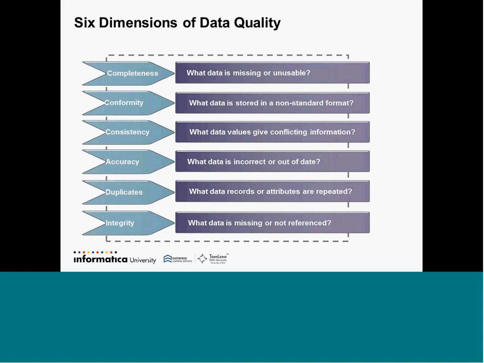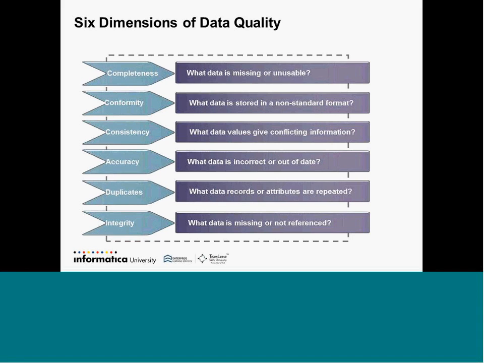We're going to find conflicting information. We are going to find data which is incorrect and out of date. We go on to the duplicate part of it, and we are going to talk about the integrity of the data. So these are the 6 dimensions of typical data quality.